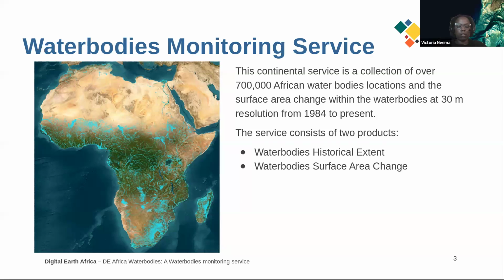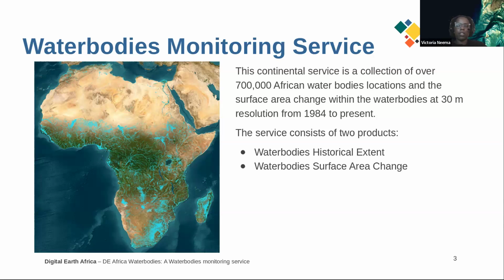We usually prototype on our sandbox for smaller areas of interest before eventually scaling up and producing a continental-wide service. Now, the water bodies monitoring service is a collection of over 700,000 water bodies that we've managed to identify from the water observations from space all-time summary product.